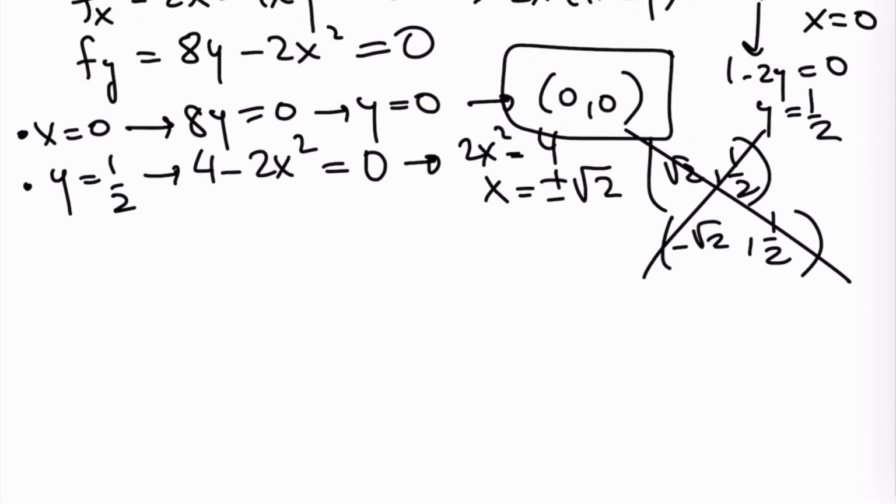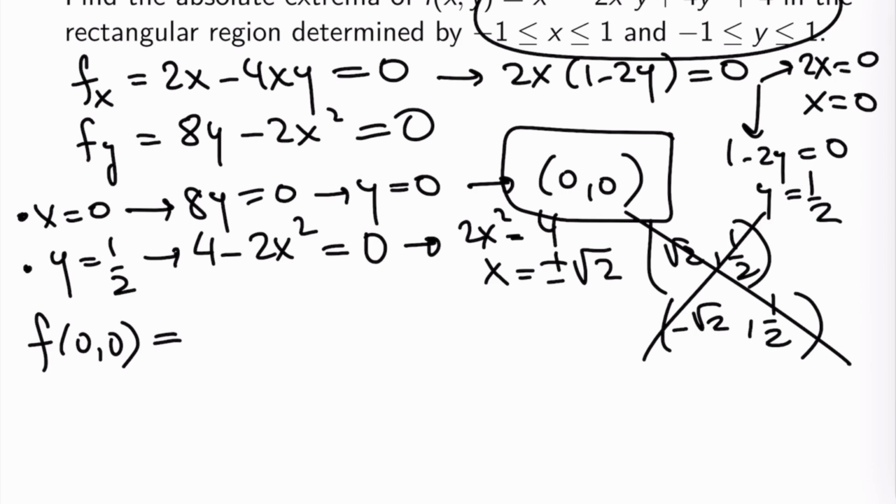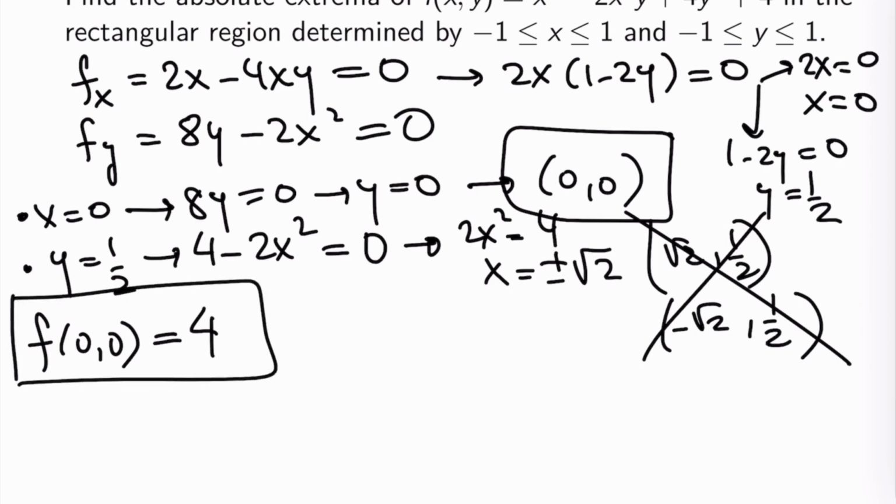So let's evaluate. f at (0, 0) is going to be, we go to our function and calculate the value at (0, 0): 0 minus 0 plus 0 plus 4. So the value of this function is 4. And this is the first value that we are going to collect for our comparison at the end with all the candidates to be maximum and minimum.